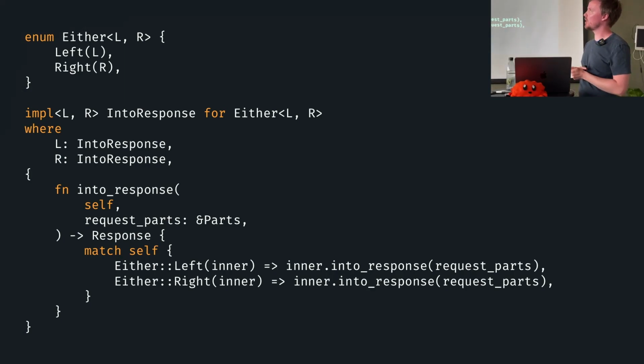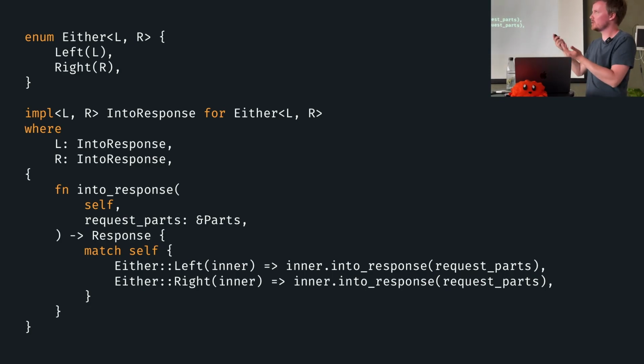You can sort of go the other way and say, maybe we have an either type where you can compose two of some type together, and then we say, hey, either implements into response if both of the contained values do. And then we just match on which one it is, and we call the into response method on that. And since we're inside the into response trait, which is called by these sort of internals of axum, we can make sure that we get the request parts here.